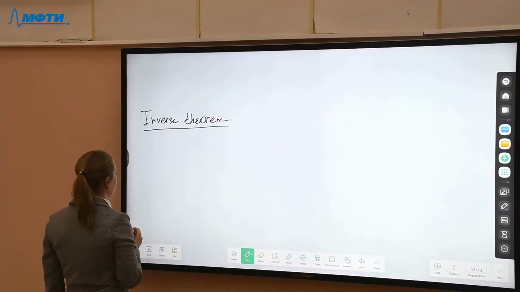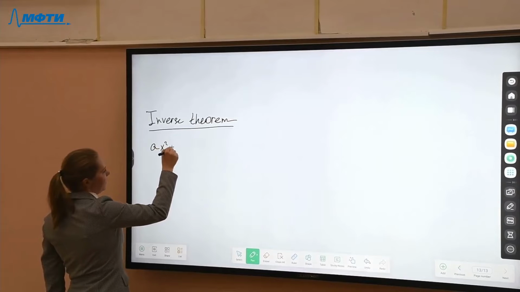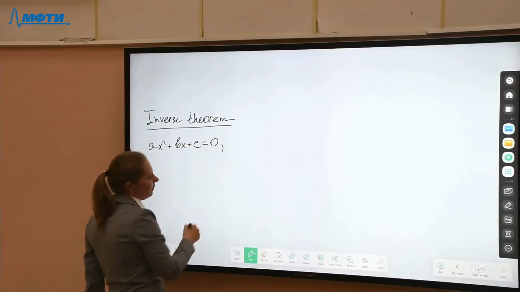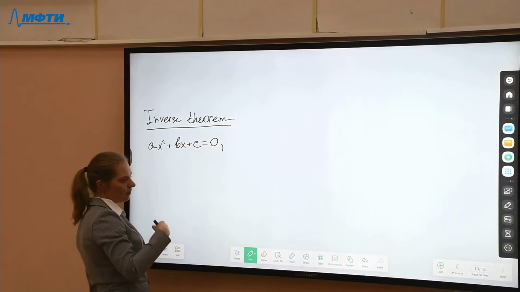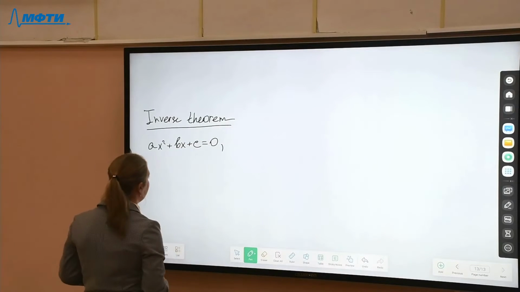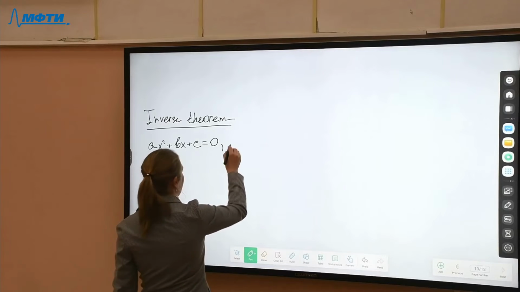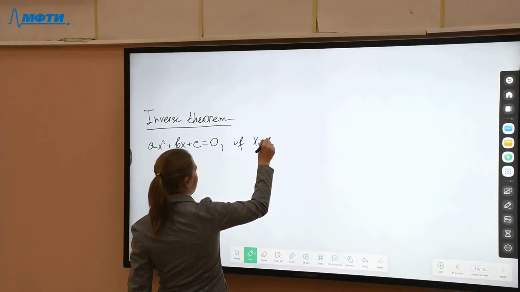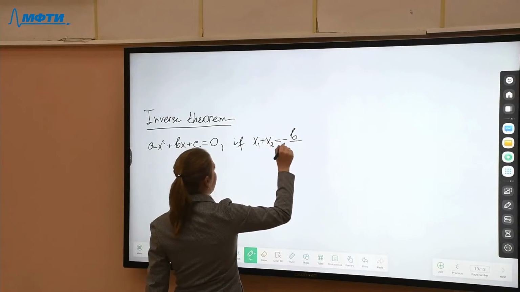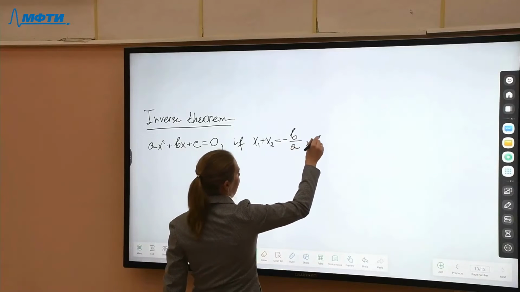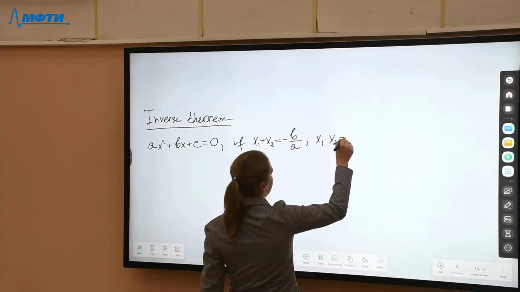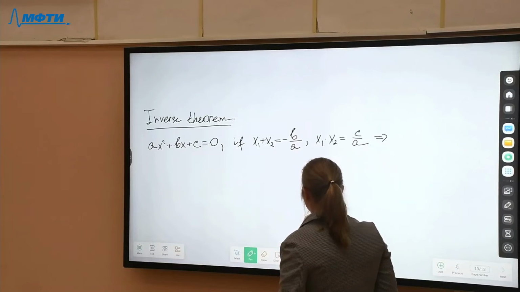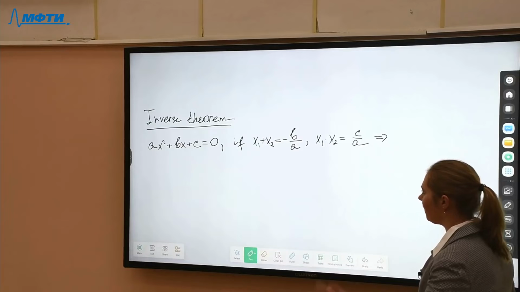That if we have a quadratic equation ax squared plus bx plus c, and this is 0, and we have two numbers x1 and x2, again, maybe they are different, maybe they coincide, doesn't matter, and we have that x1 plus x2 is minus b over a, and x1 times x2 is c over a. We can say that x1 and x2 are the roots of our equation.